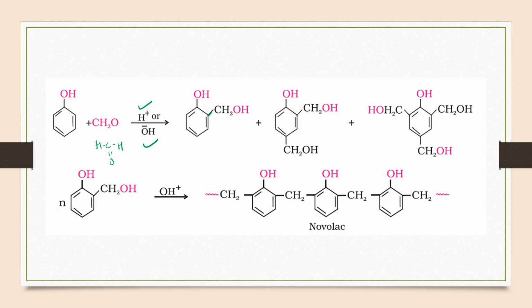So these are formed at ortho and para positions. Here this is a hydrogen. When this reacts with another molecule at the ortho position, this H and this H are removed and it forms a methylene group. So this linear structure is known as novolac. When this novolac undergoes cross-linking with another molecule of novolac, it leads to the formation of bakelite.